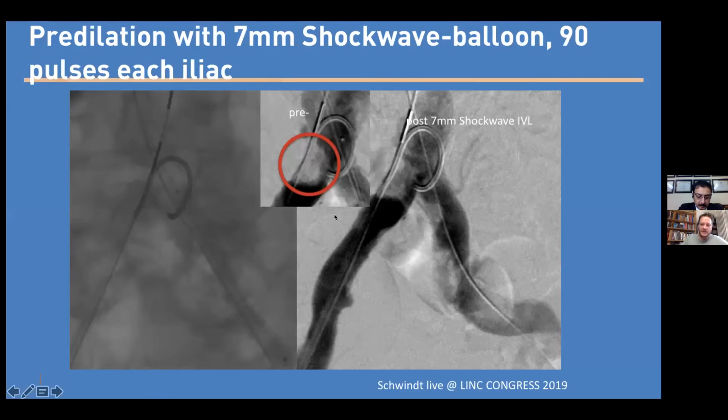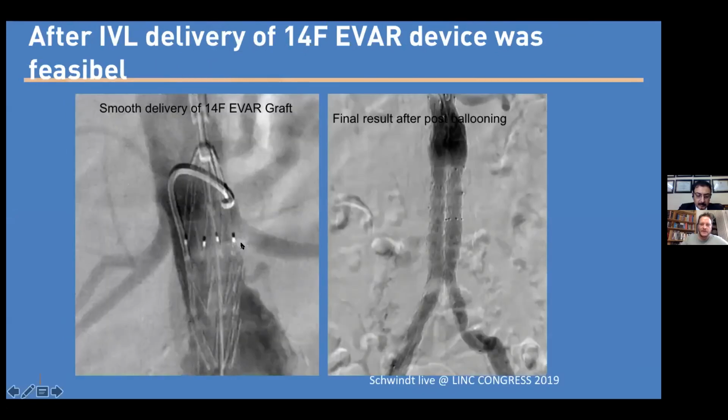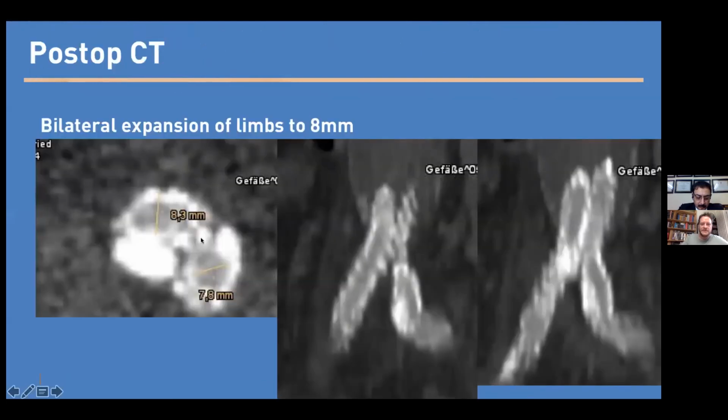And then smooth delivery of the endograft. Note, we did not put any additional stents in the bifurcation. Here you see the CT control after 6 months, and both limbs of the endograft have equally expanded to about 8mm. This was quite helpful to crack the calcium up front to open the endograft completely.